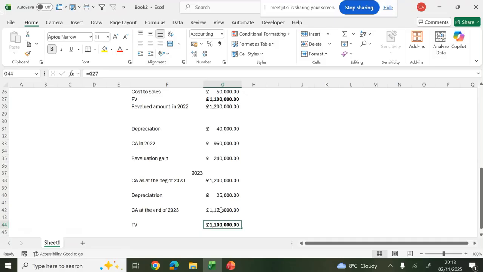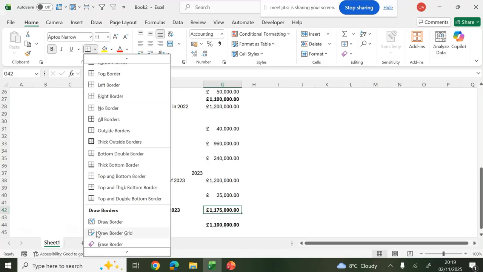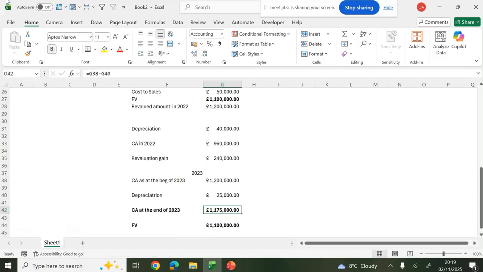That's the fair value, and that's the carrying amount. Does it make sense?